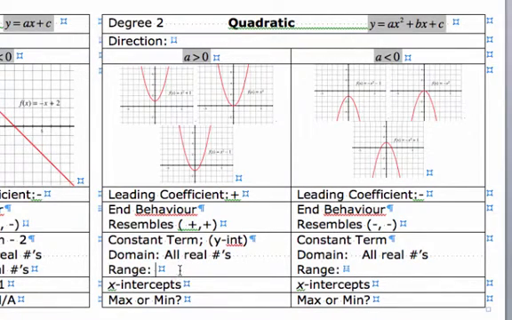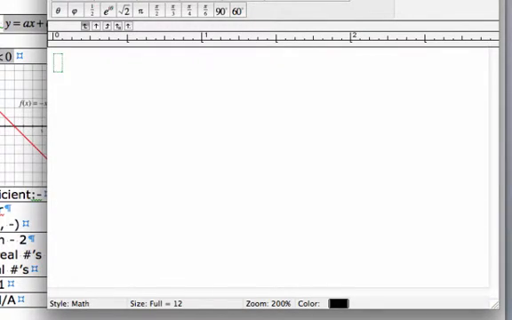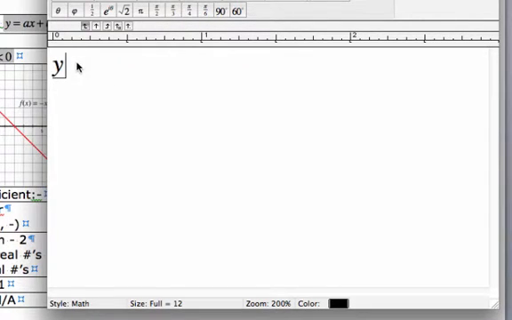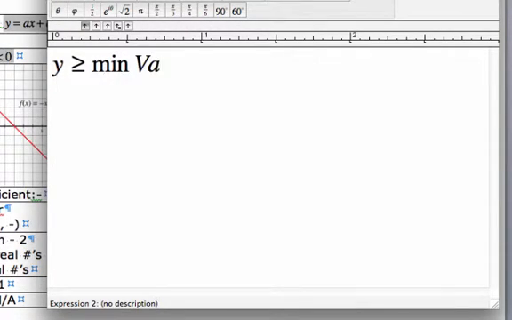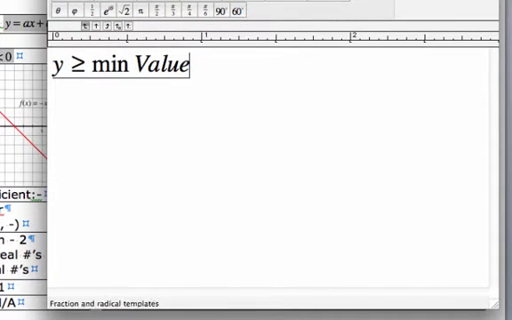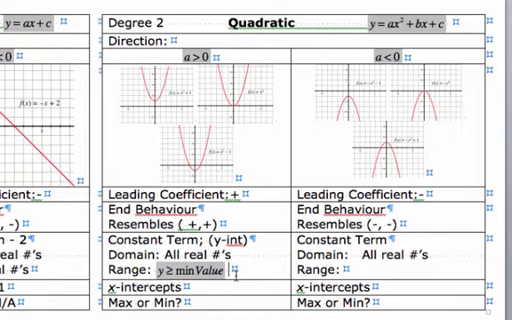We're going to have the case where y is greater than some minimum value.